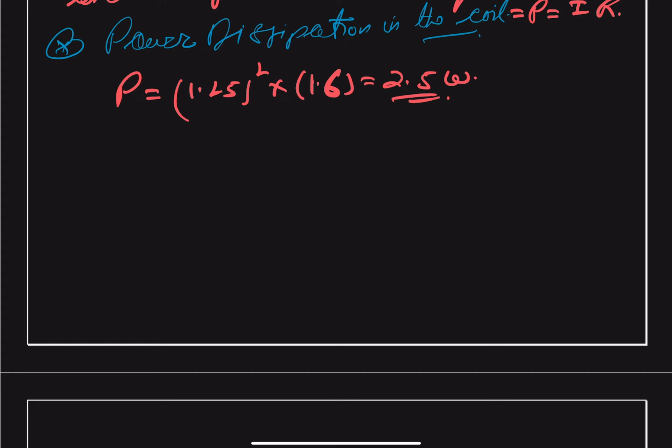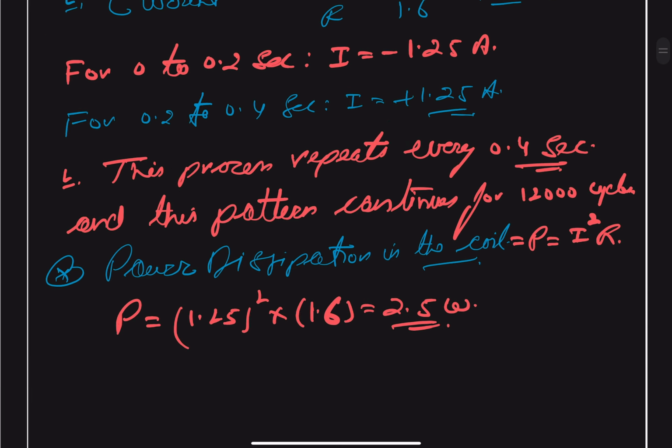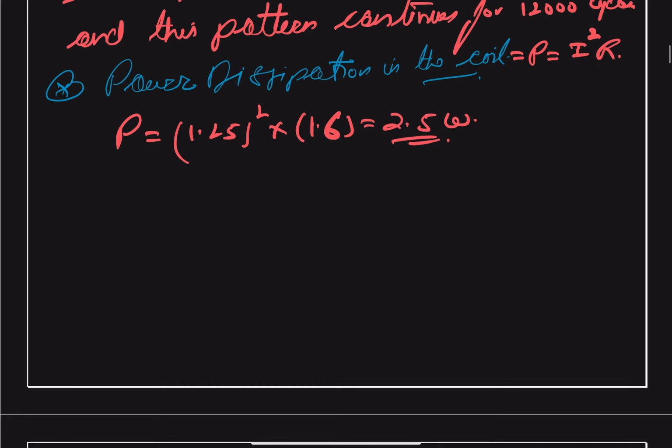And because of the square of the current, even though the sign changes from positive to negative alternately, the power always remains positive. And there is a symmetric variation in the current.